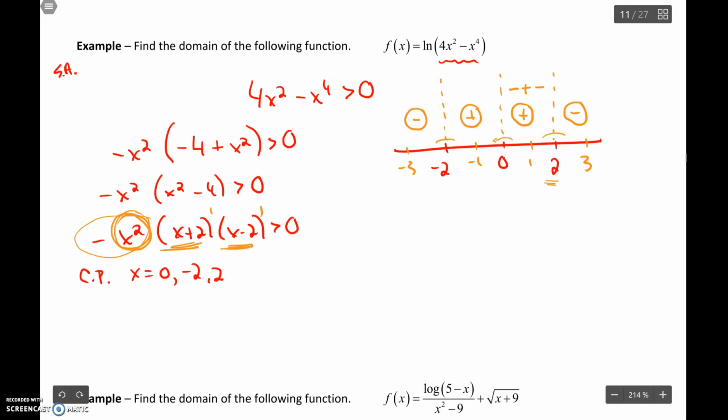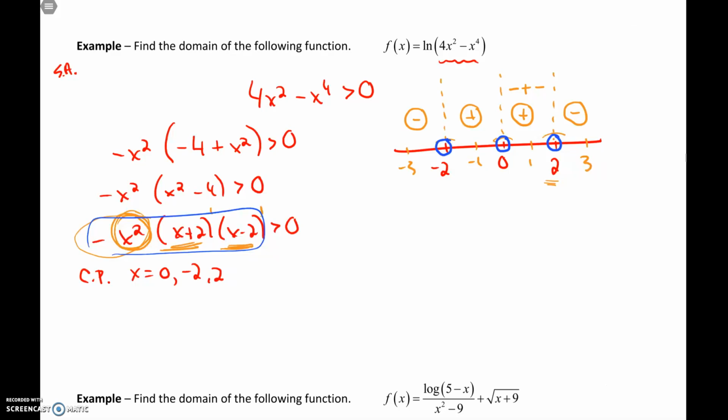So my solution, or my domain, is going to be all the values of x that make this expression greater than 0. So I don't want it to be equal to 0. Open points on the critical points and greater than 0. So here to here and here to here.